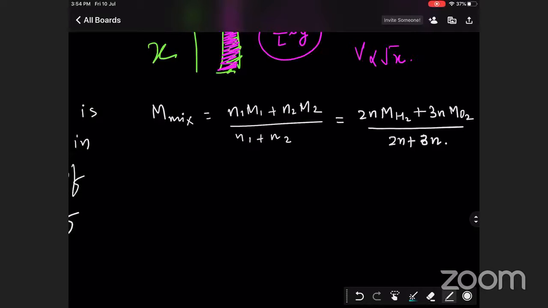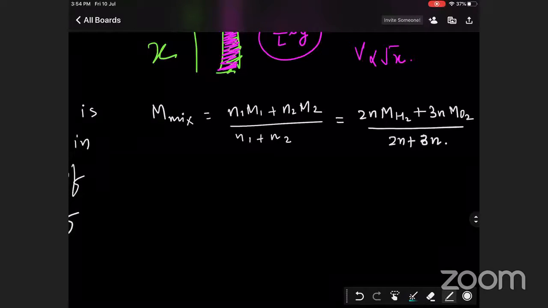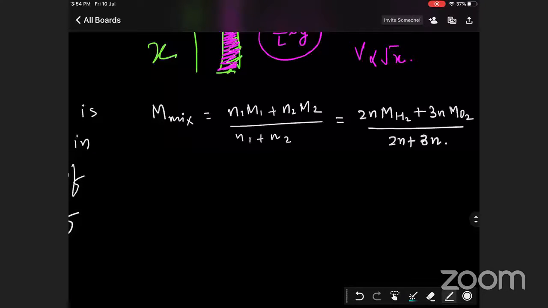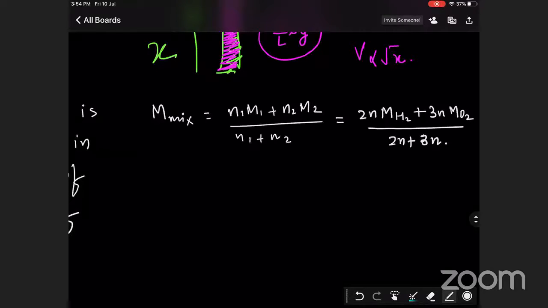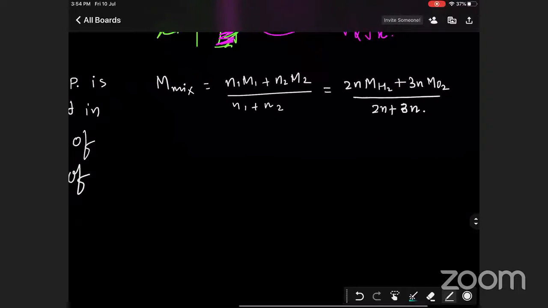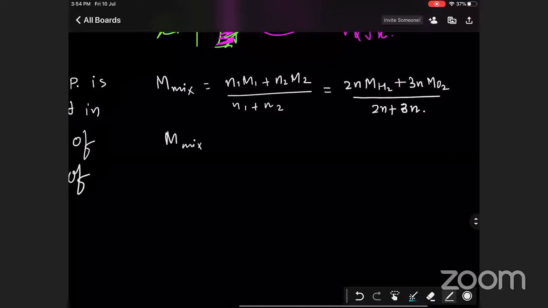There is some law in chemistry, I forgot the name of that law. From that law, I'm assuming if you have 2 parts of hydrogen and 3 parts of oxygen, then we can assume 2n moles for hydrogen and 3n moles for oxygen. So what molecular mass of mixture will we get?